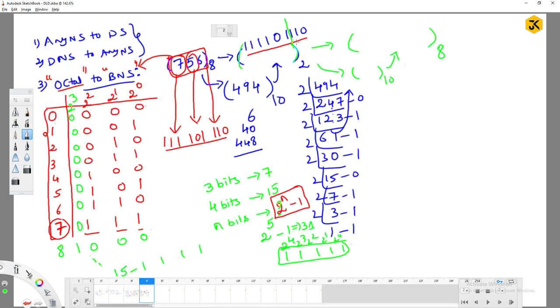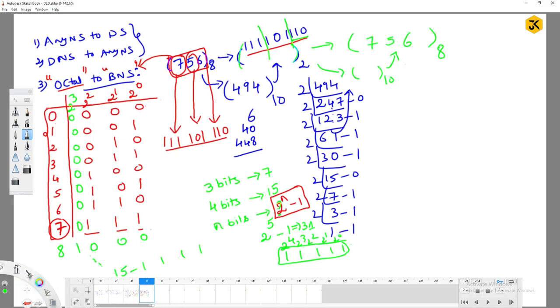So take 110. What is the value of 110? 6. What is the value of 101? 5. What is the value of 111? 7. So 756 in base 8. Like this you can calculate.